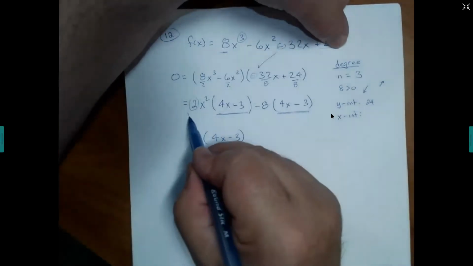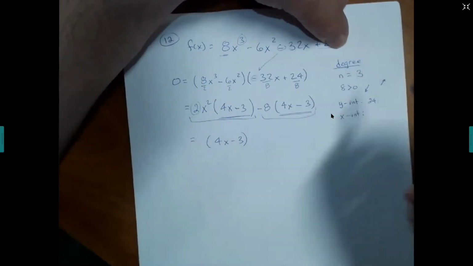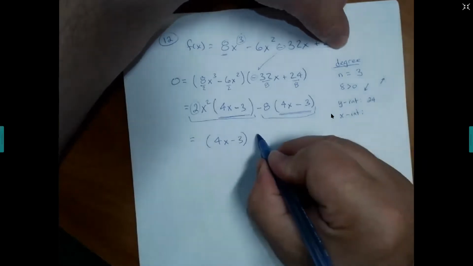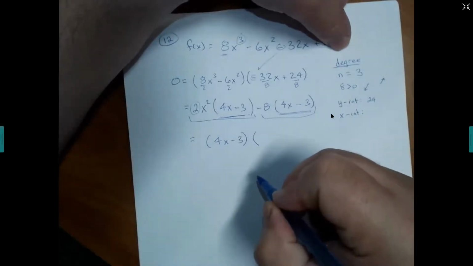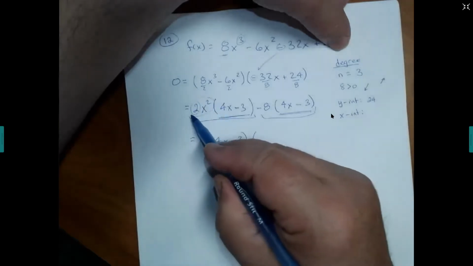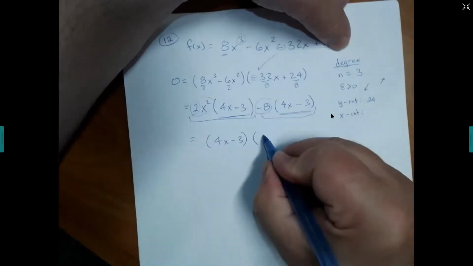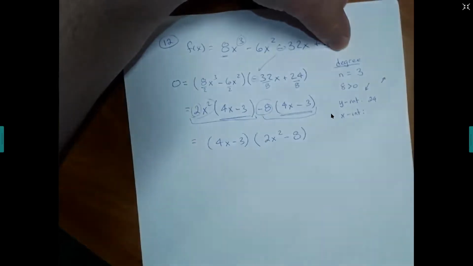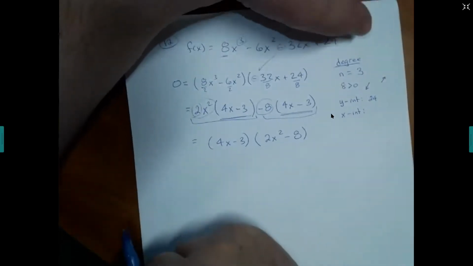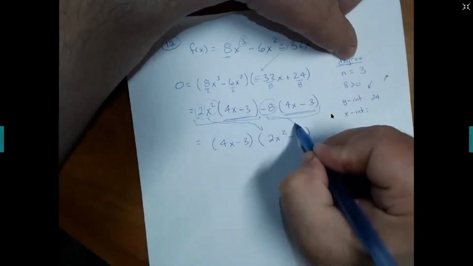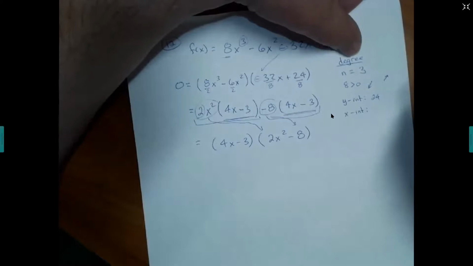Remember, we have 2 terms. And both terms have the same thing in common, so we factor that out. What do we have left inside the parentheses? Whatever's left in front, after you take out what's in common, goes inside the second parenthesis.